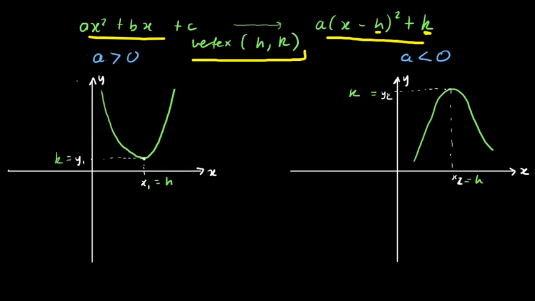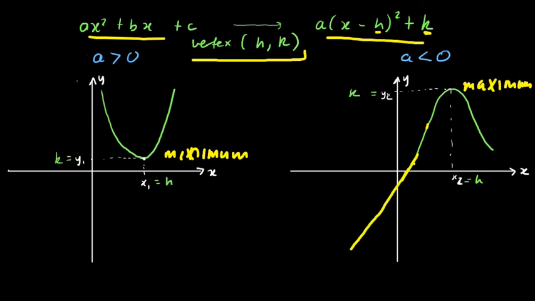But when a, which is the coefficient of x squared, is greater than 0, then we have a U-shaped graph, or a graph facing upward, and we have a minimum. But if a is less than 0, then we have a maximum value, and we can determine the maximum value of the parabolic curve. We cannot determine the minimum value of this curve because we don't know where this graph ends.